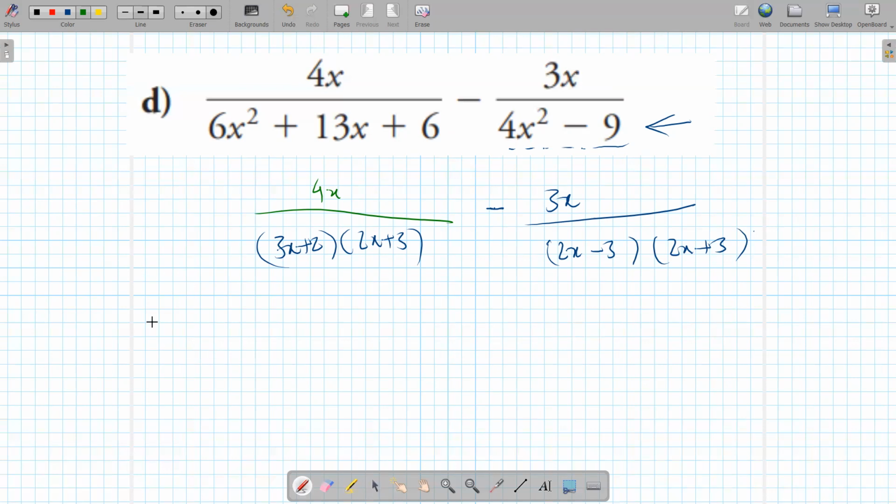Let's do a quick little experiment. Let's say we have 1 over 2 times 3 minus 1 over 4 times 3. They both have a 3, so that's going to be one of the denominators. But then they both need a 4 and a 2. So that means you need to multiply this by the 2, and you need to multiply this by a 4.